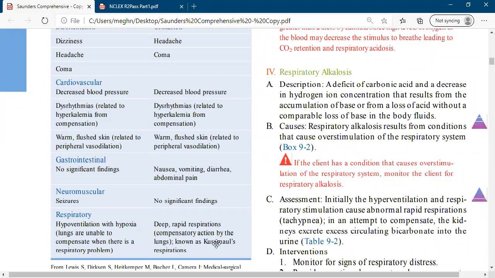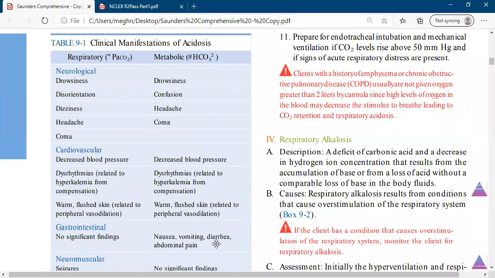So in case of diabetic ketoacidosis, the respiration is too deep and rapid. Kussmaul respiration is most common in diabetic ketoacidosis. Kussmaul respiration is also common in case of metabolic acidosis.